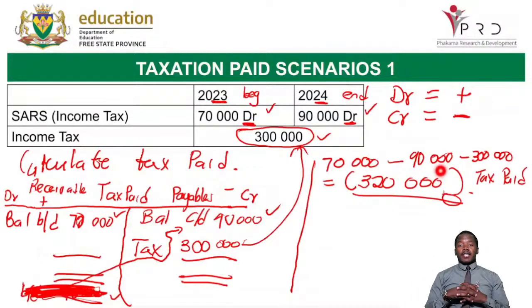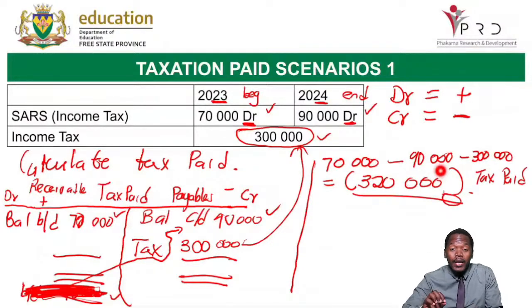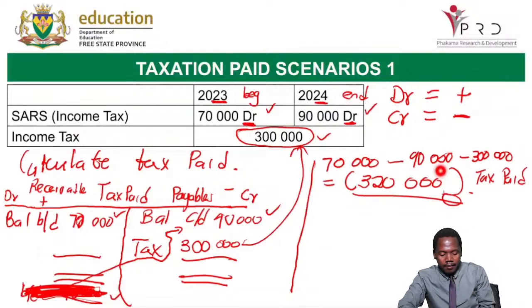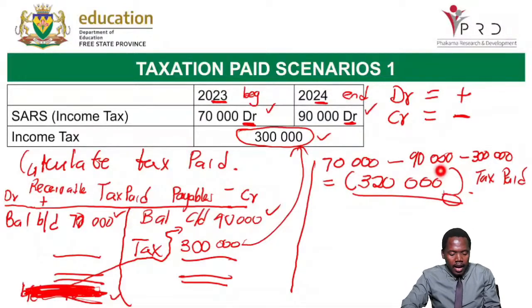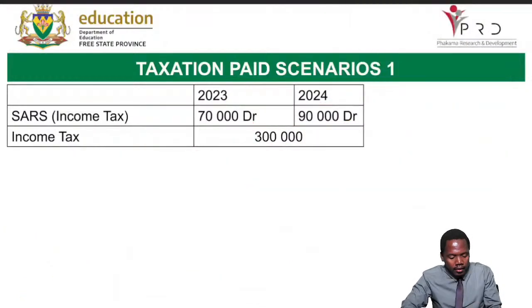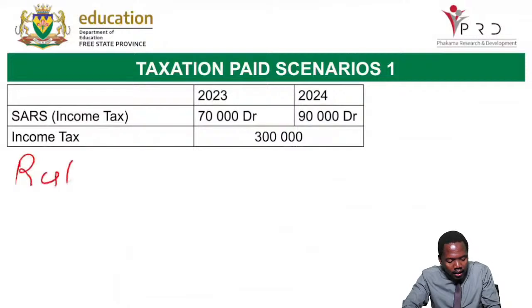What are we learning from this, grade 12s? We are learning that the closing balance, if it's shown as a debit side on paper, then when you write it down, when you do your calculation, it must be on the credit side. I am going to write down what I'm saying now. This is our rule that we have developed here.